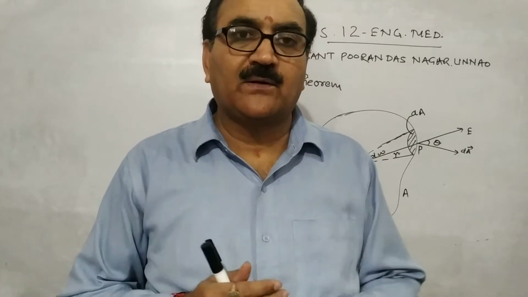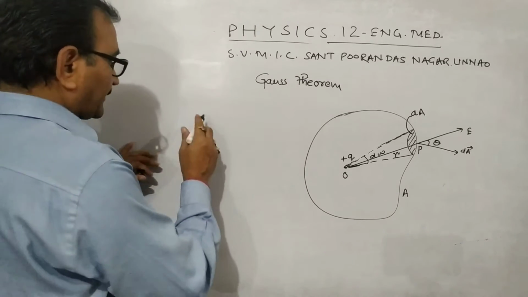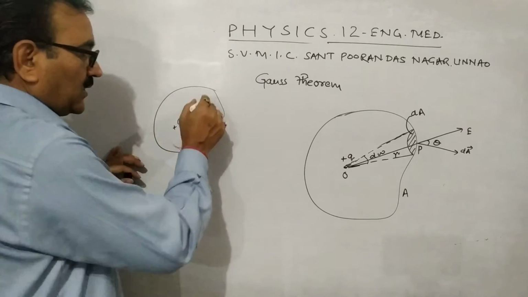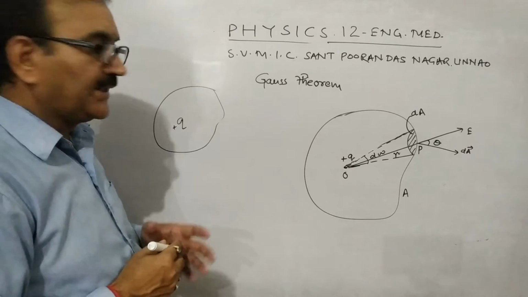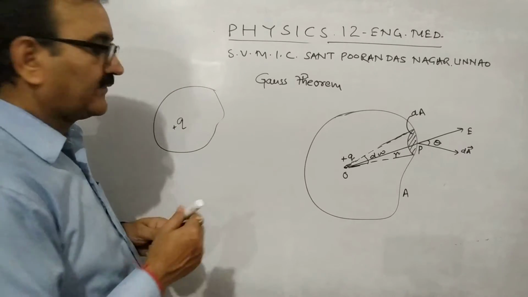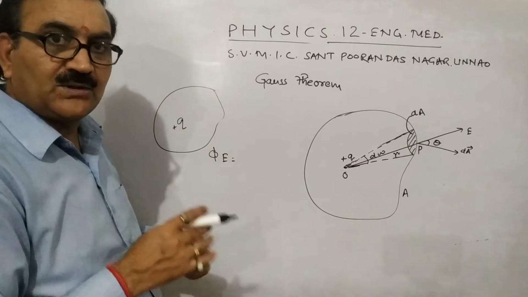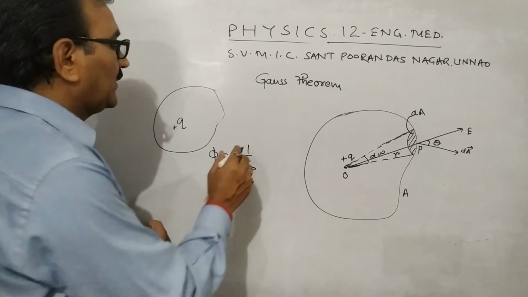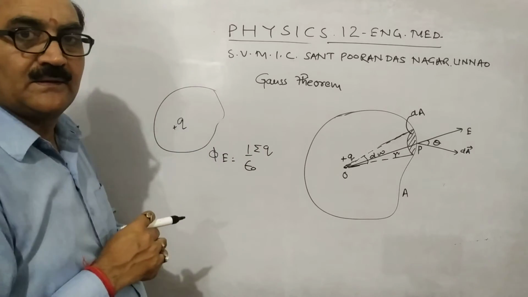And the statement of Gauss theorem is, suppose this is your charge and it is surrounded by a Gaussian surface. So net electric flux passing through this surface is equal to 1 upon epsilon 0 times the net charge surrounded by the surface.